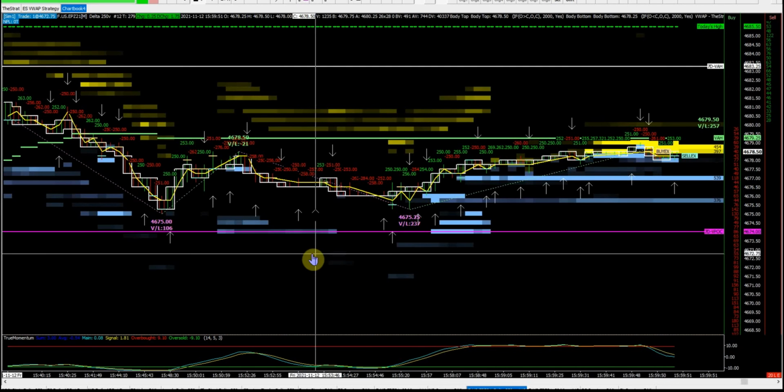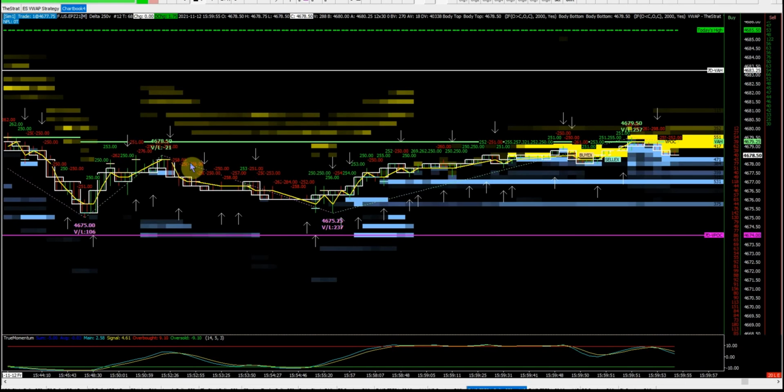So what happened? It came back down. The sellers were probably scaling out of their positions at this particular point. I don't think that was any intentional move to try to drive the market down. I think that was just people getting out of their shorts or getting out of their long trades. Here, they're scaling out.